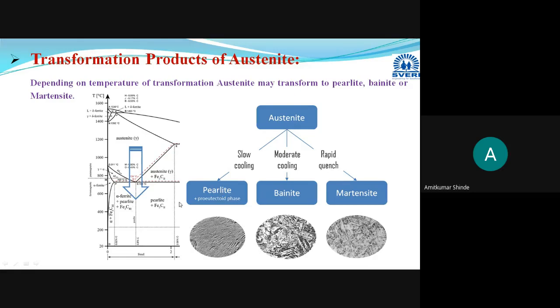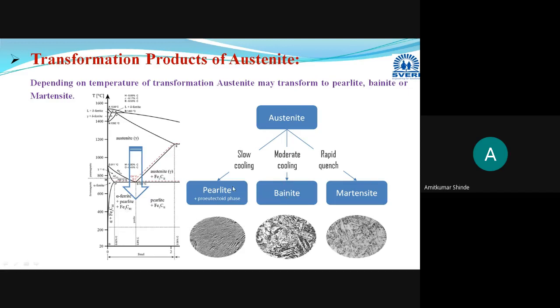Pearlite is nothing but a mixture of ferrite alpha plus cementite Fe3C. Again, bainite is also a mixture of ferrite and cementite only. Pearlite and bainite have the same composition, but their morphology or appearance is different.